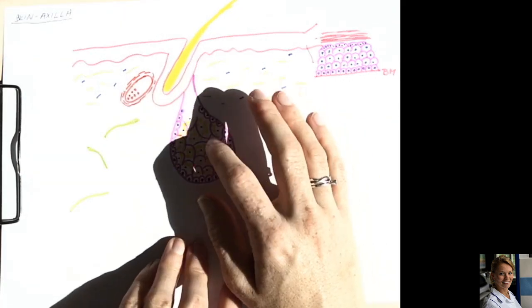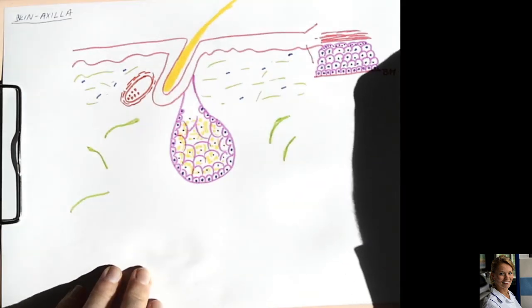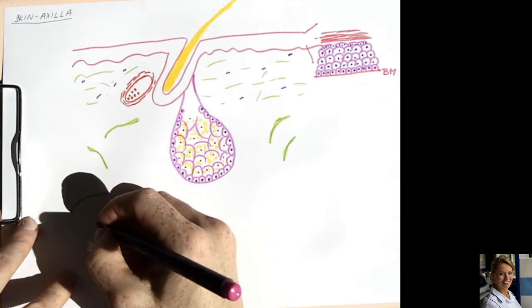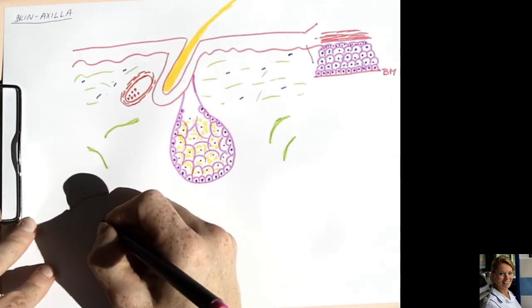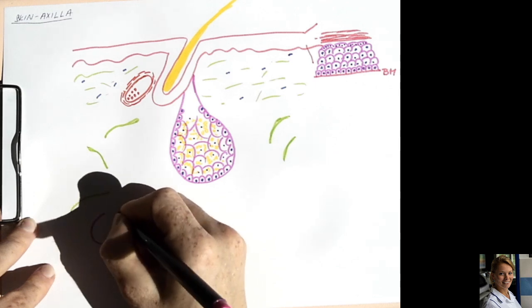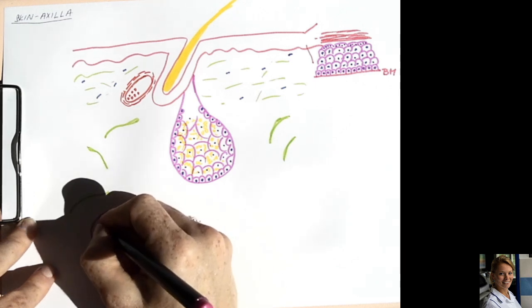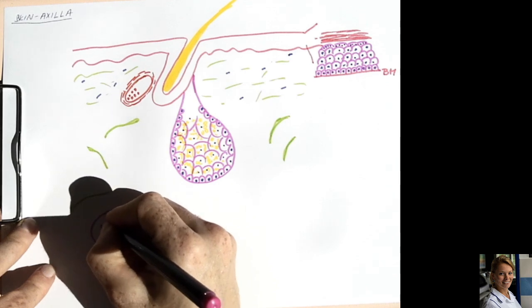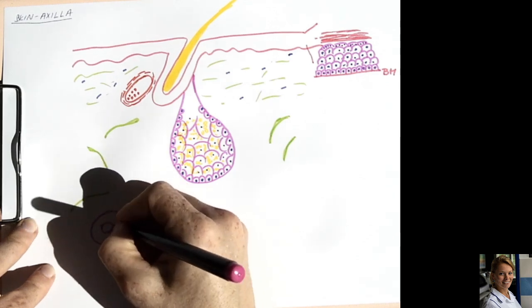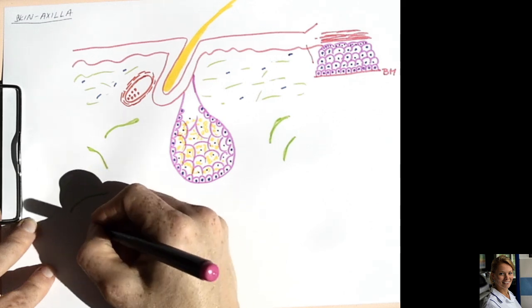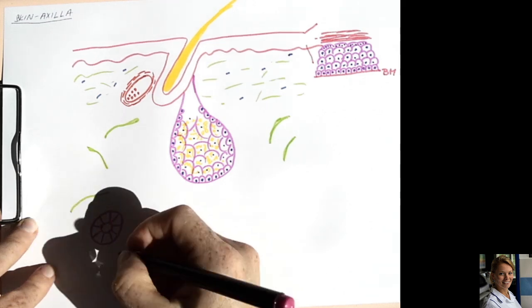So this is the sebaceous gland, and there is another type, the eccrine sweat gland, which is a simple coiled tubular gland.